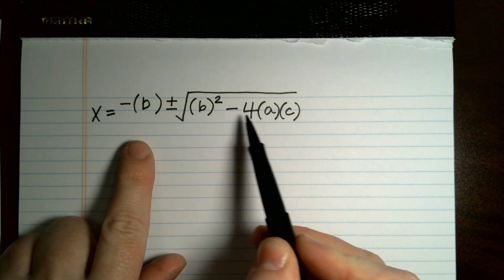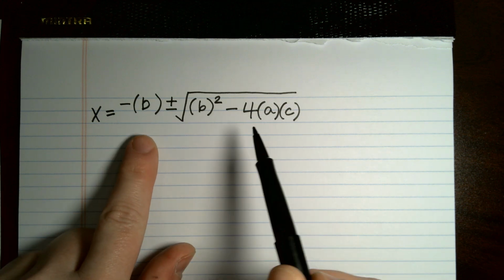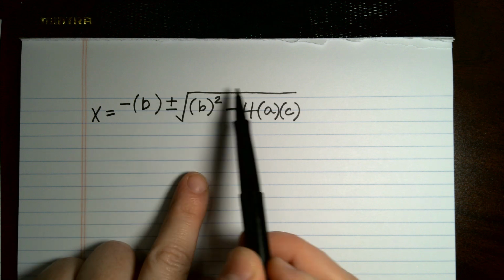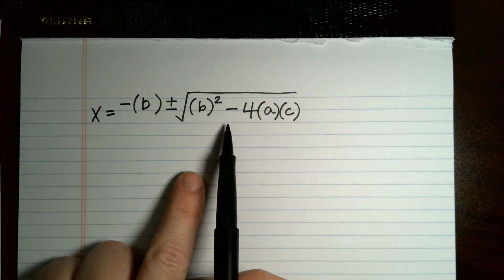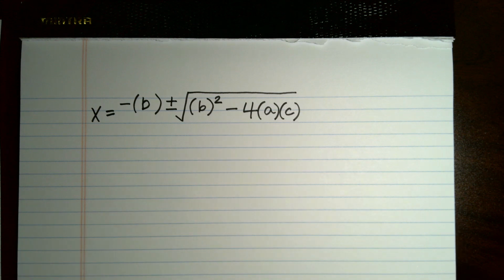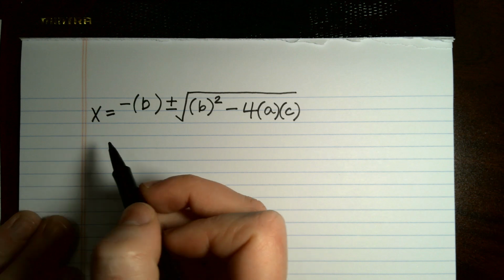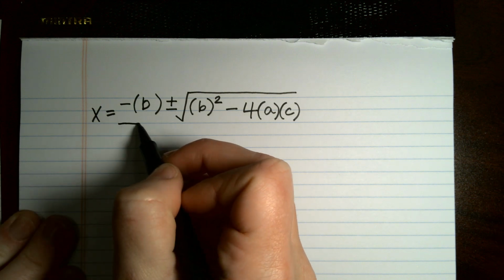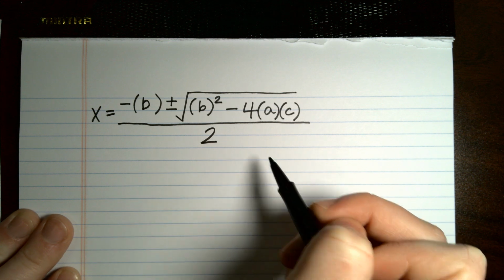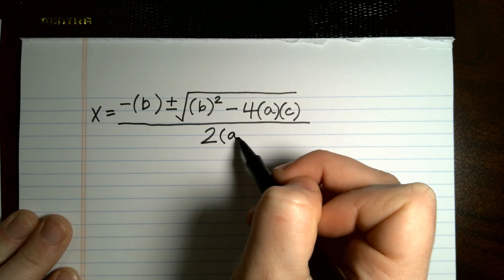Okay. So we have the top part of our formula. We've got x equals negative b plus or minus the square root of b squared minus 4 times a times c. Okay, everybody with me there? Then we divide everything by 2 times a.